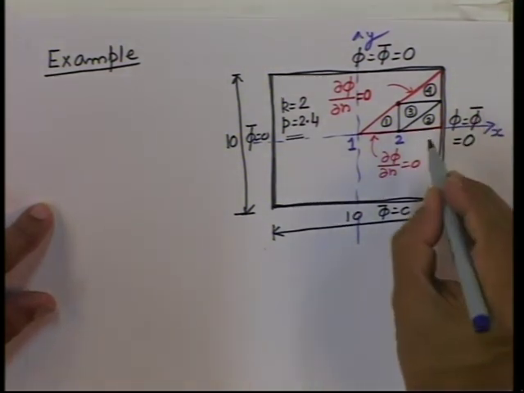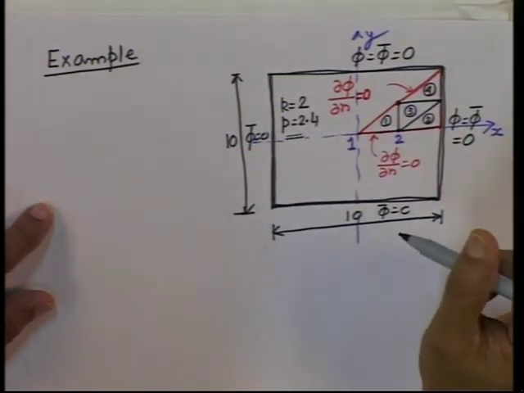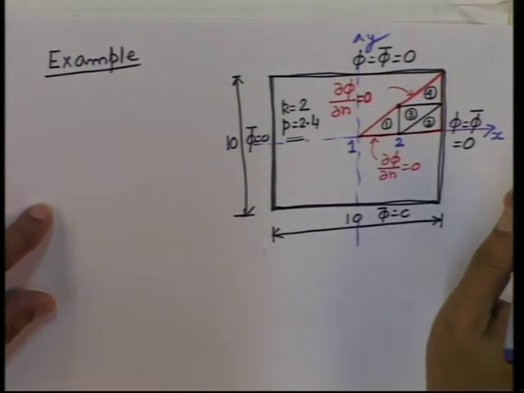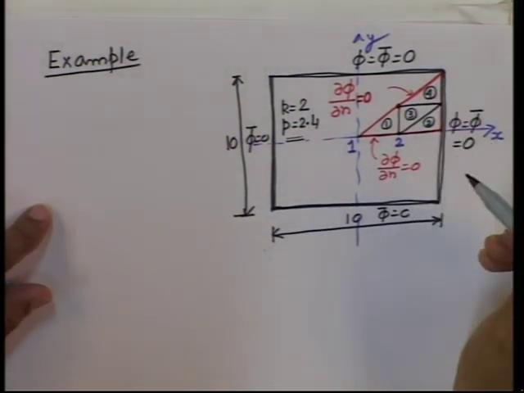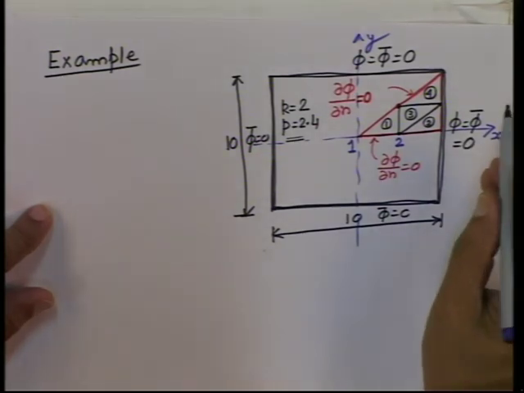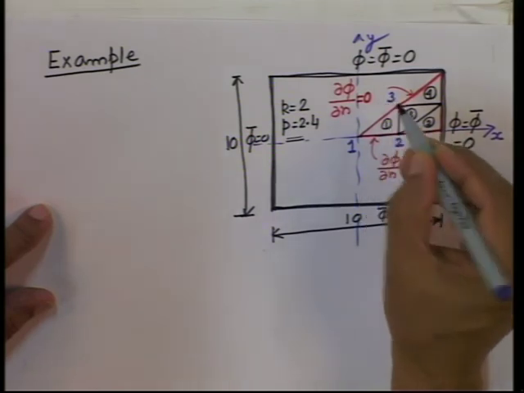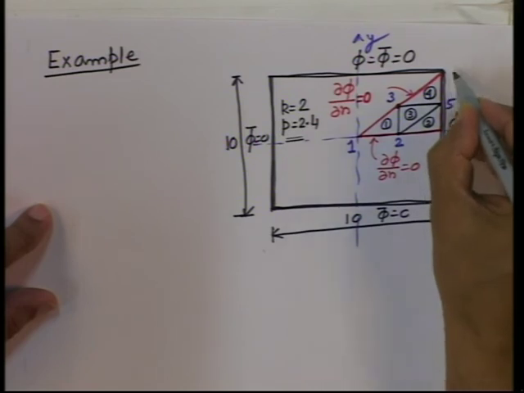Why am I numbering like this? I could number this 1, 2, 3, 4, 5, 6. But I do not want to do this because I know all the values on these are 0. So, I will number them in the end. So, 1, 2, 3, here I will write 3, then here 4, then 5, then 6.